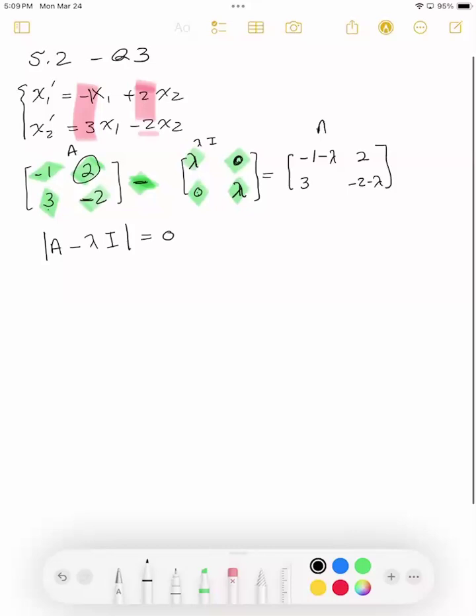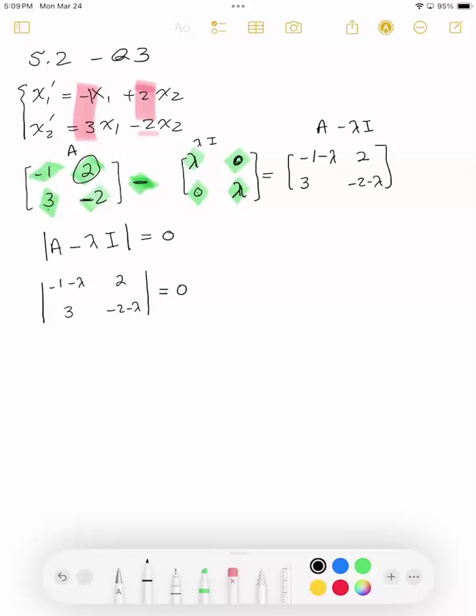So we call this the A minus lambda I matrix. Now we are going to evaluate this determinant, because we want to find the lambda that makes the value of this determinant equal to 0. So I have -1 minus lambda, 2, 3, -2 minus lambda.